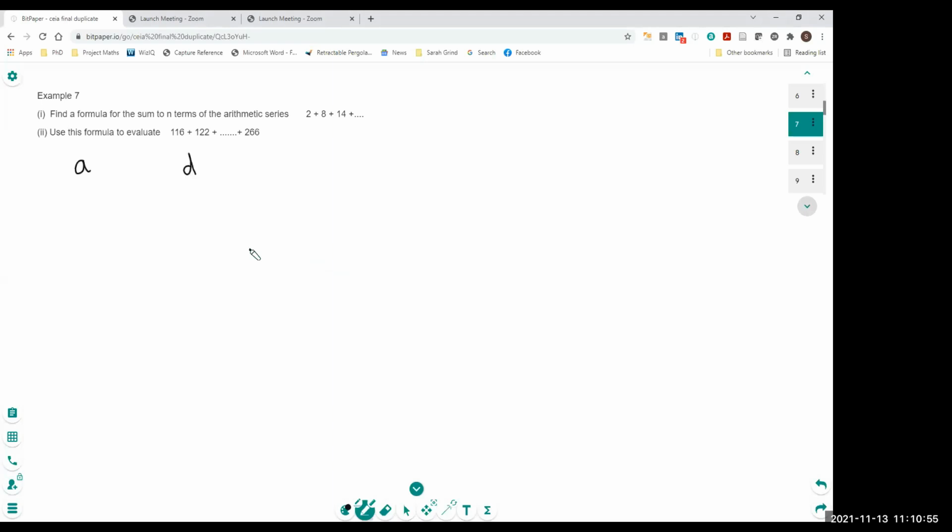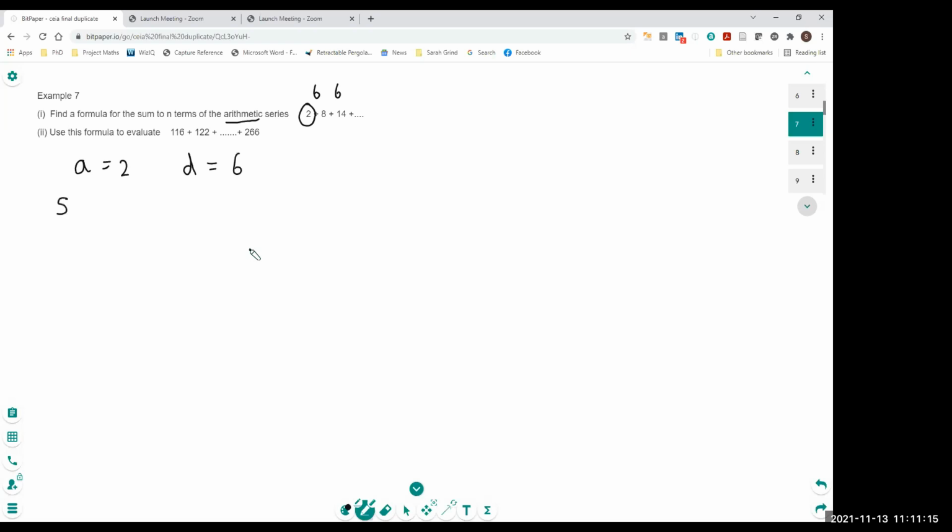So what's a? a is the first term, so it's 2. a is always the first term. d is the common difference, because we're talking about an arithmetic sequence. So the difference between 2 and 8 is 6. Between 8 and 14 is 6. So there we go, our common difference is 6.